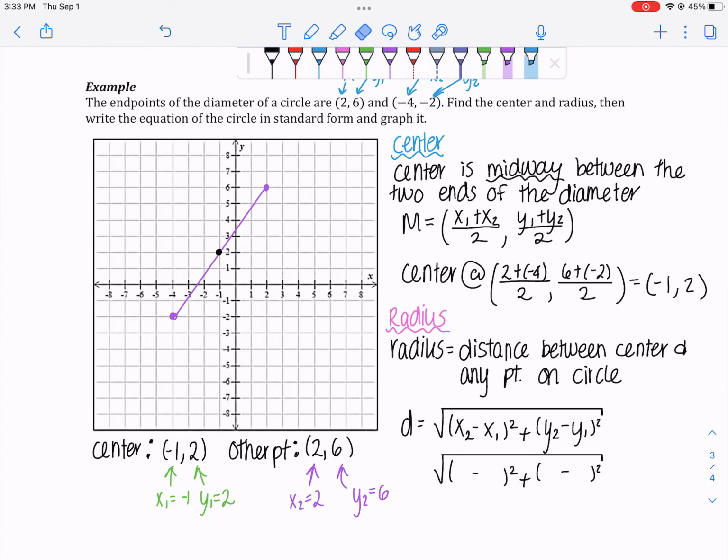Let's hope I have enough space here. All right, x2 is 2, x1 is -1, so minus -1 is plus 1. y2 is 6, minus y1 is 2.